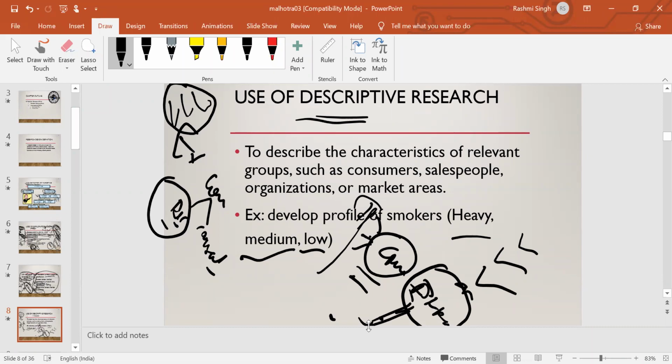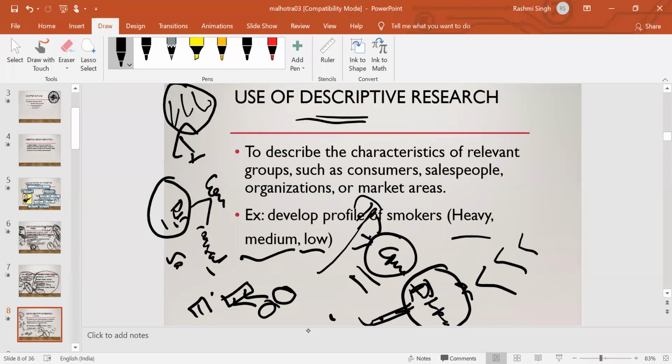Or let's take the example of Reliance Jio. Before launching Reliance Jio, they performed a lot of exploratory study, and later they came up with the Jio network. After coming into the market, what will Reliance Jio do? They will no more do the exploratory study; they will perform the descriptive study. They will try to identify the demographics of the consumers.